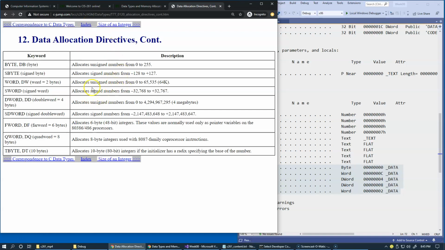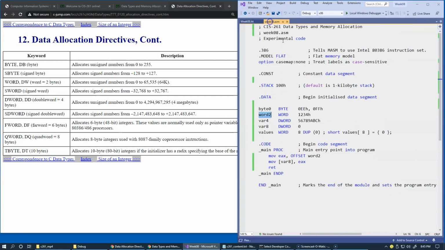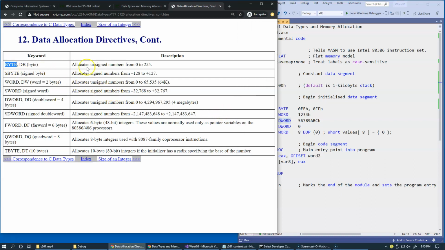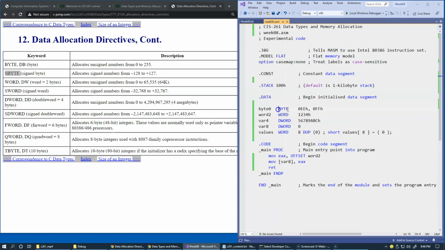So this is a more extended list of possibilities to write these data allocation directives. And just to browse it quickly, byte allocates unsigned numbers. Signed byte, SBYTE, is nice to use for negative and positive values. So remember, if you really want to use 2's complement encodings of positive and negative values, you should remember to do this.